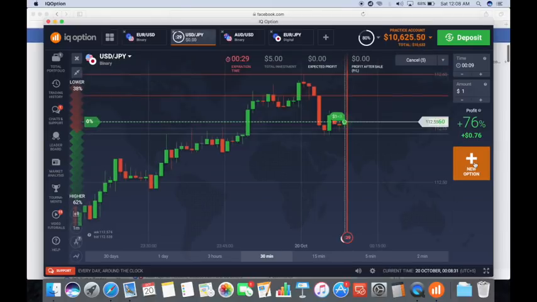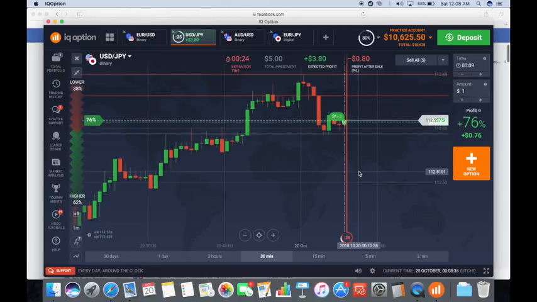I'll open a position for like $5 here. Well, let's see how it goes because of this doji. So let's see how it goes.